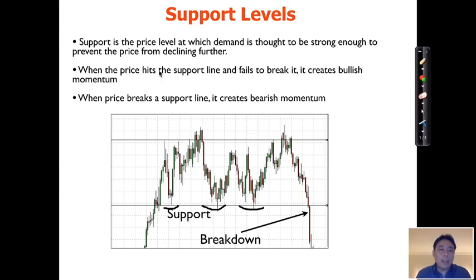When the price hits the support line and fails to break it, it creates bullish momentum. It's like someone jumping up and down on a trampoline: when you hit the trampoline, boom, you bounce back up again. Whenever the price cannot break that support level, it creates temporary bullish momentum, going up.